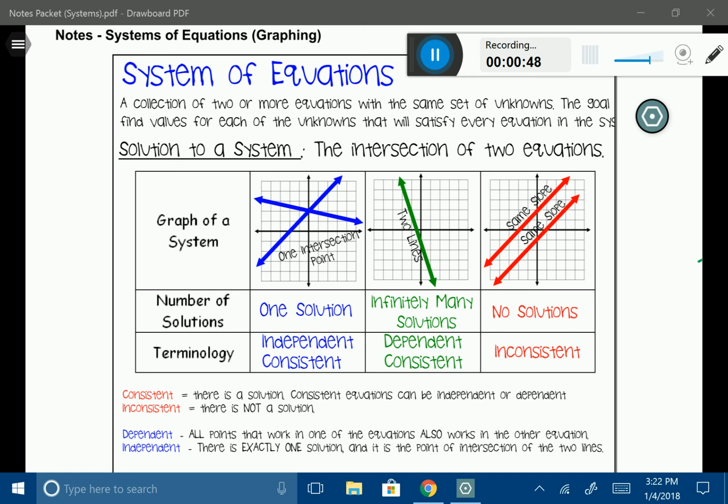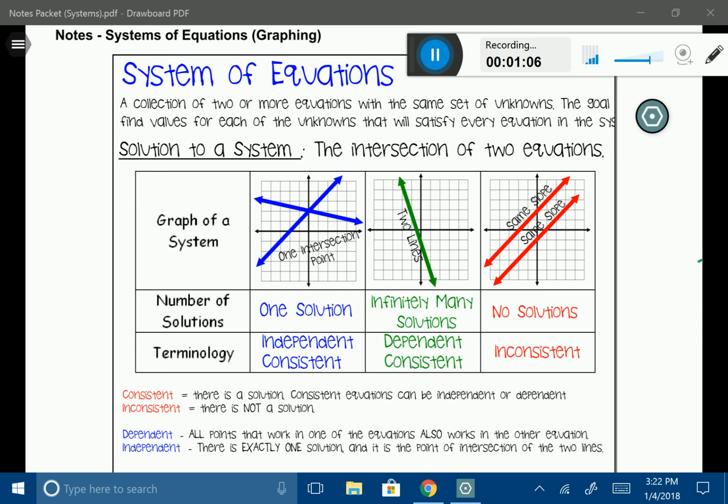So let's go ahead and go over some terminology before we get into graphing. The biggest thing to know, and probably the most important thing, is the idea of a solution to a system. It's an intersection of two equations.